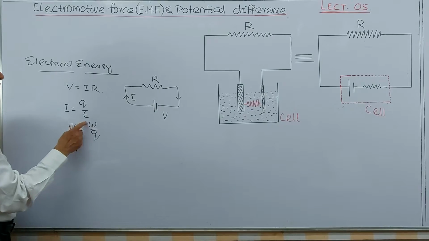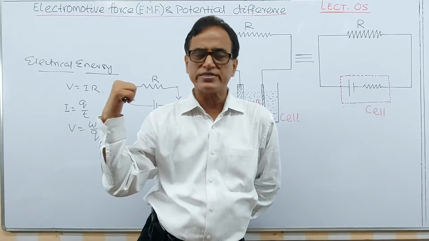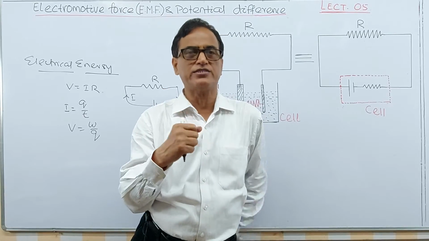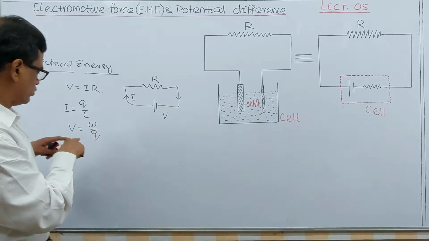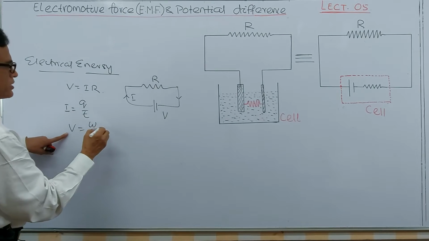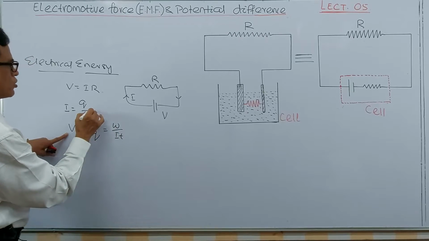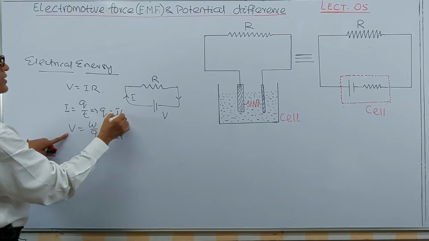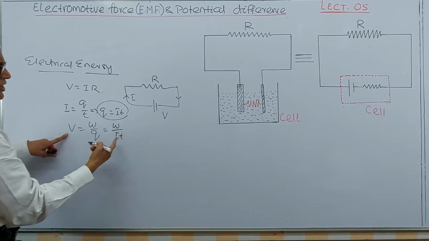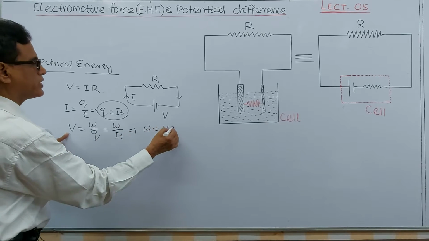The electrical work or electrical energy in this case. It is not a mechanical work, because V is there, potential is there. Potential difference is an electrical quantity. You know Ohm's law, so this gives you W by Q, where Q is IT, current into time, a very fundamental formula. That's why the work is VIT.